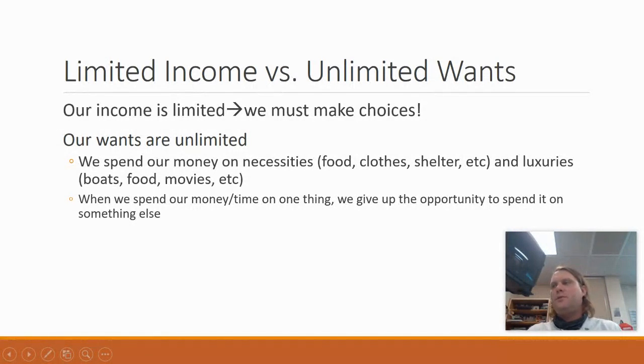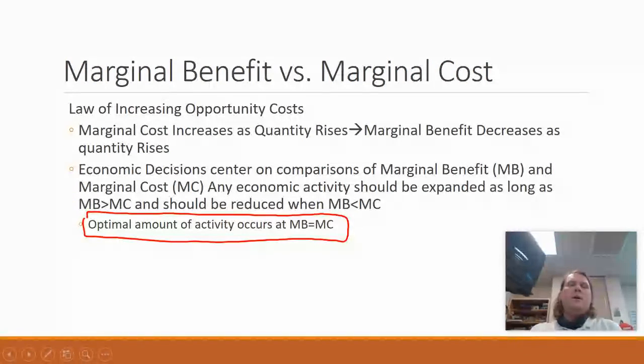Don't confuse that with being greedy. Even though I have the ability to buy all the stuff that I need, I'm satisfied. I could still probably figure out a fancier vacation that I'd want to go on, right? So again, our wants are going to be unlimited. We've got to make decisions on what is best for us with our limited income and our limited time.